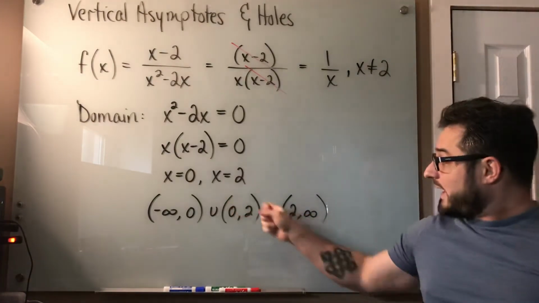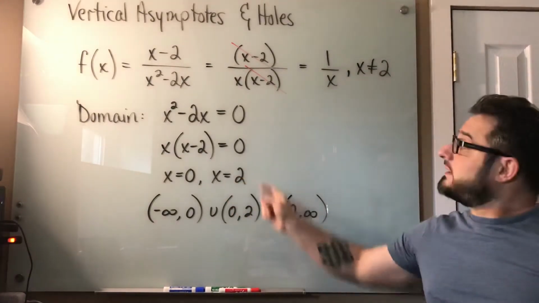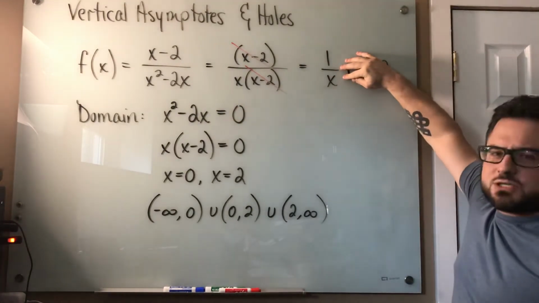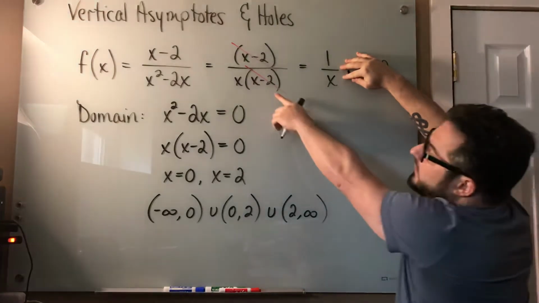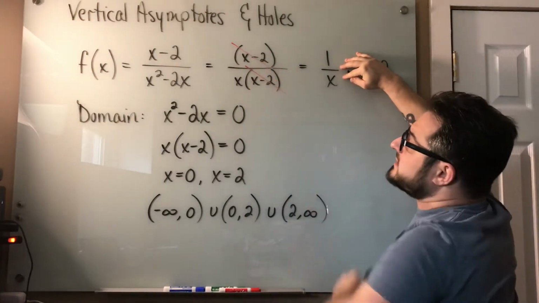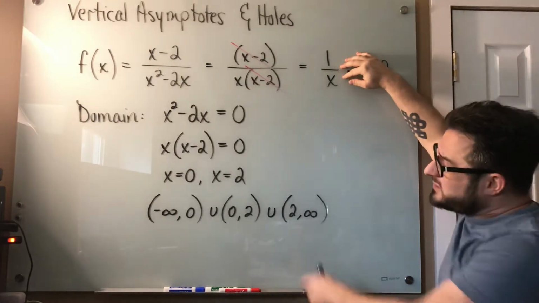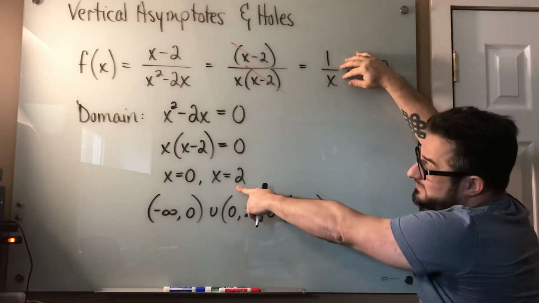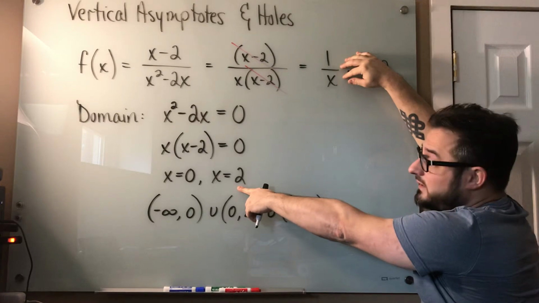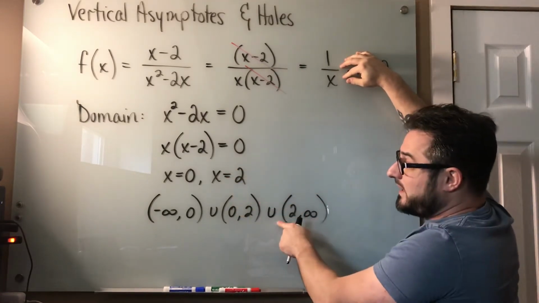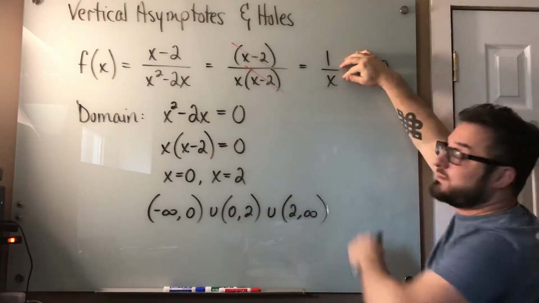We already know that x is not allowed to be 2 in the original function, but there's nothing in this function to prevent that. When we simplified this factor of x - 2 out, when we removed it from the denominator, we also accidentally removed this, because this gap in the domain came from the factor of x - 2.